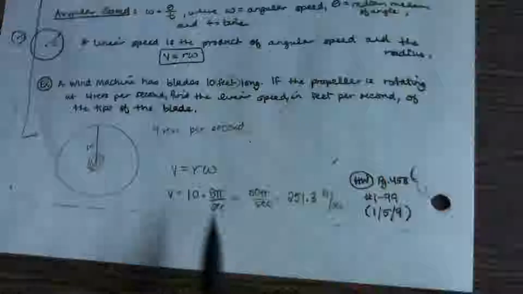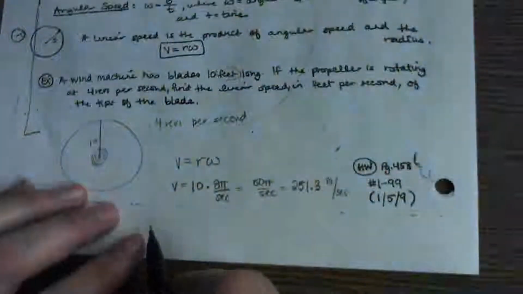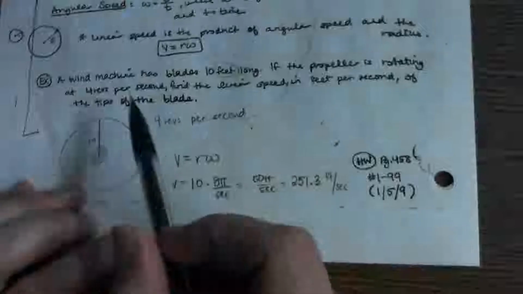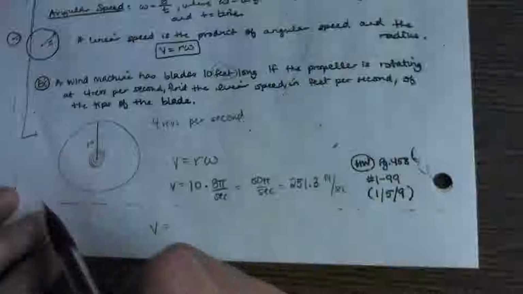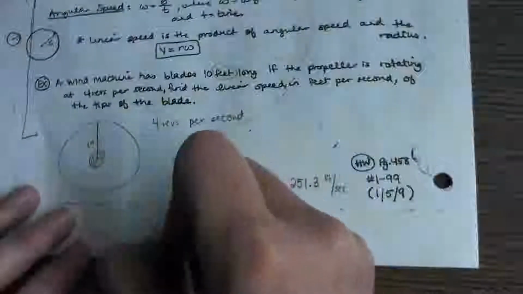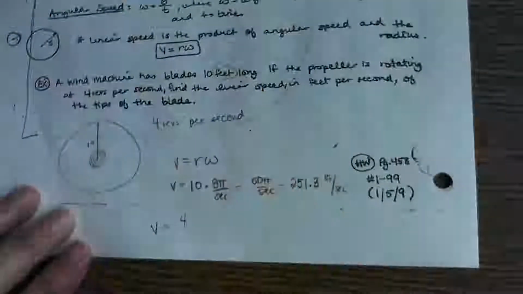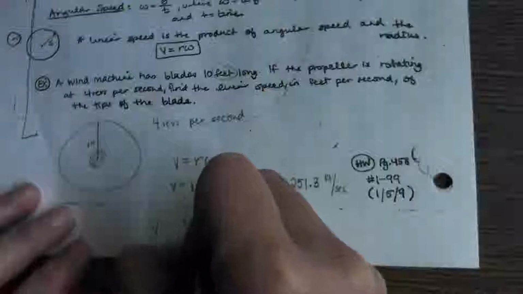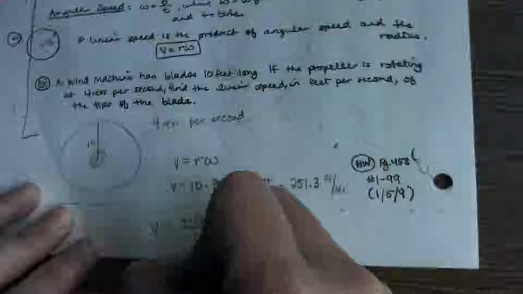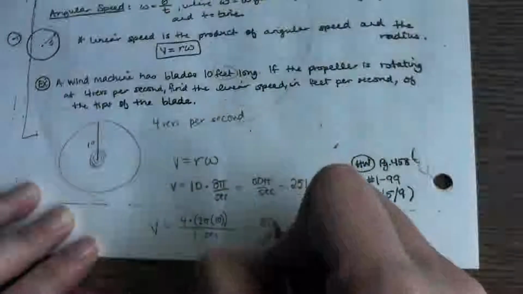Like I said, if I wanted to find my velocity a different way, I could figure out my change in distance, which would be 4 circumferences. So my change in distance, 4 circumferences, which would be 4 times 2 pi r for every second, and I'd still get 80 pi.